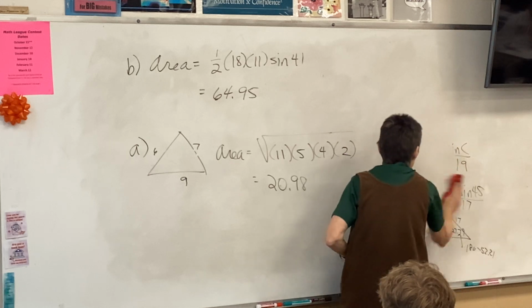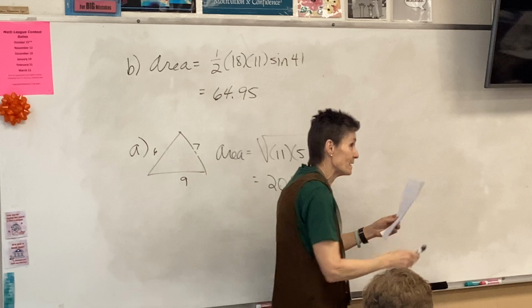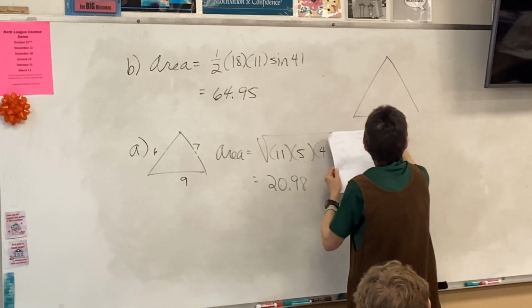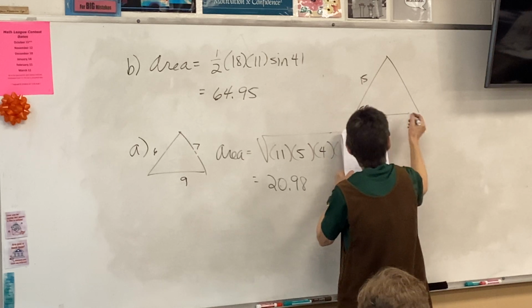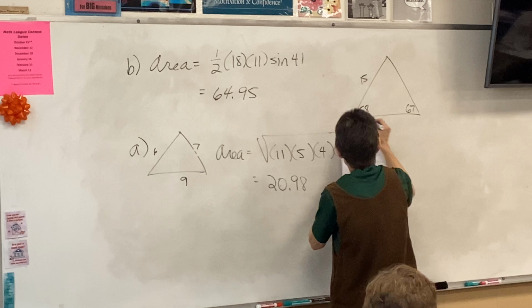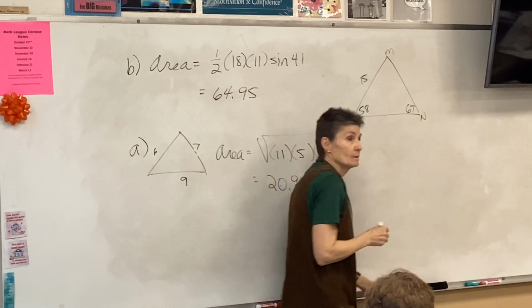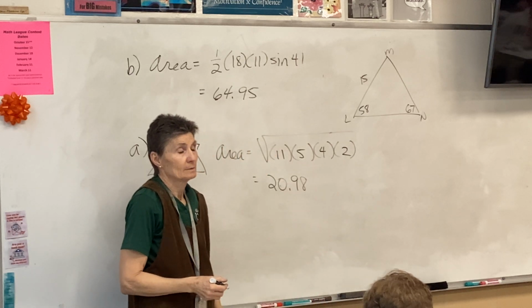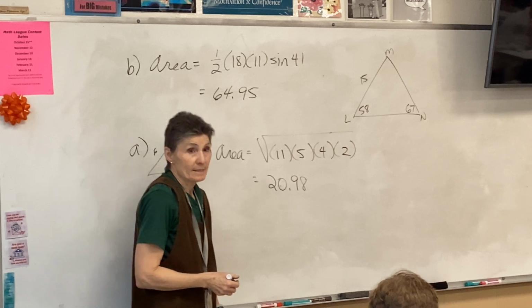All right, now what about this last one? What makes it not hard, but harder? What do I not have that I sure do wish I had? I need another side.